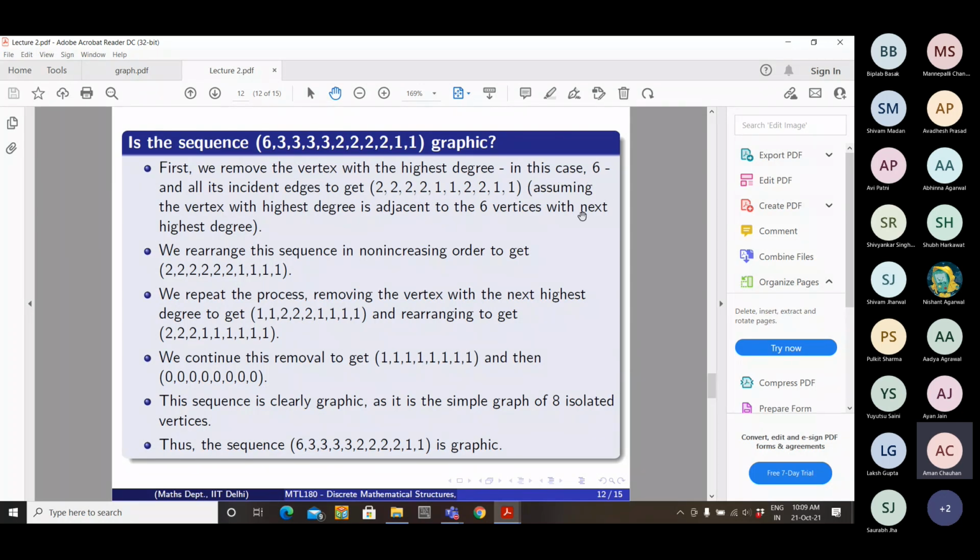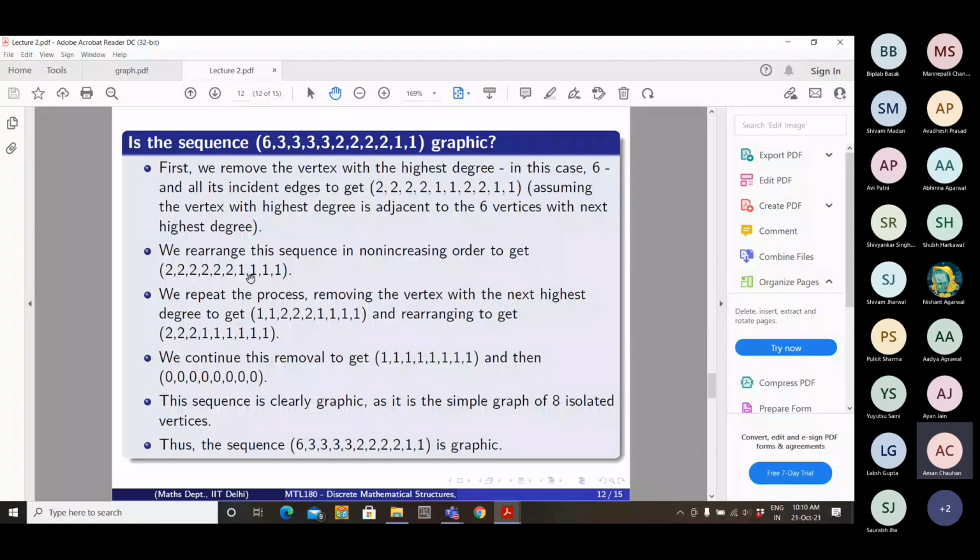So now we will rearrange this degree sequence in non-increasing order. So we get this degree sequence as this one. Now again we apply the Havel-Hakimi theorem. Your first vertex has degree 2.